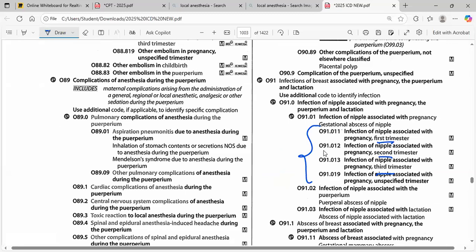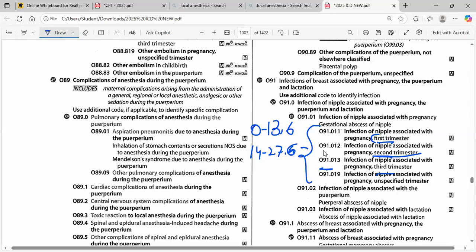So you have to determine the trimester based on the week of gestation. If the pregnancy is between 0 to 13.6 weeks, you have to consider that as in first trimester. If the pregnancy is between 14 to 27.6, that will be your second trimester.